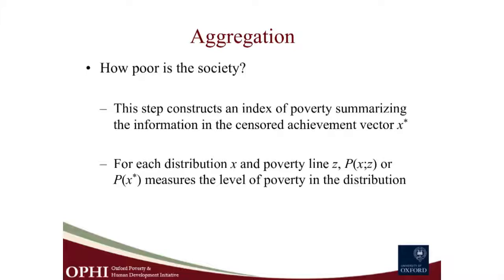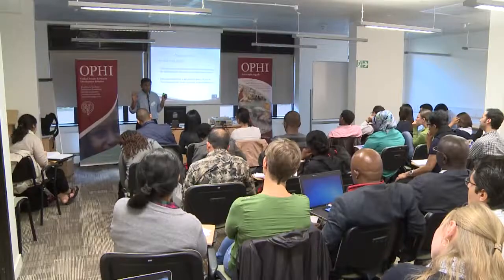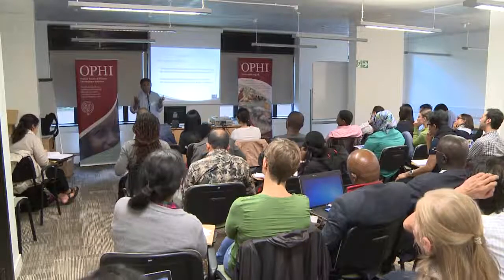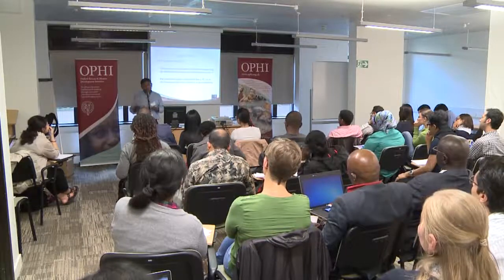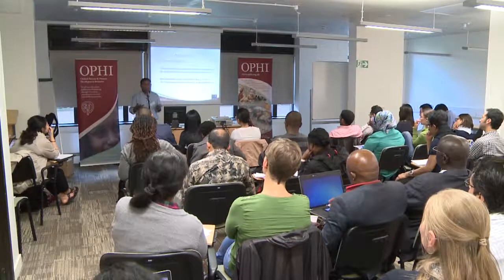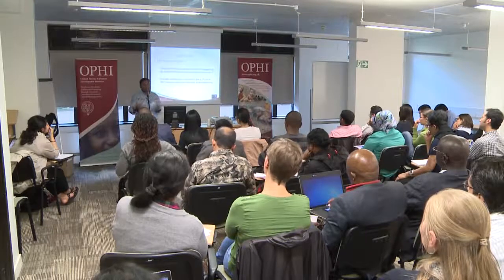This measures the level of poverty in the distribution. We don't know which poverty measure we will be using. There could be different poverty measures. The idea is that we just do not use whatever we want. We need to use a measure that satisfies certain desirable properties.